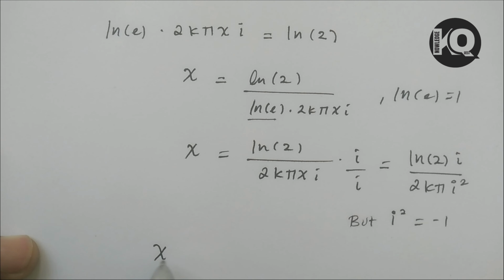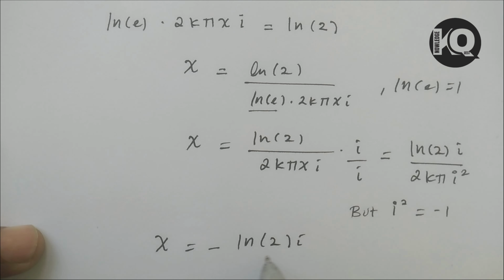So x will be minus, this will be minus because i squared is minus 1, so minus ln of 2 times i divided by 2 pi k, where k is an element of the integers and k must be different from 0, is a solution for the given problem.